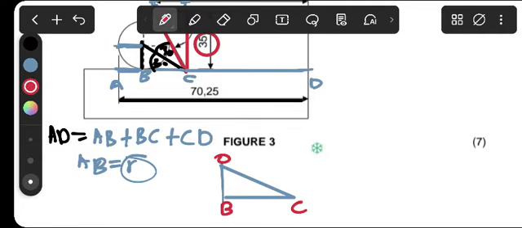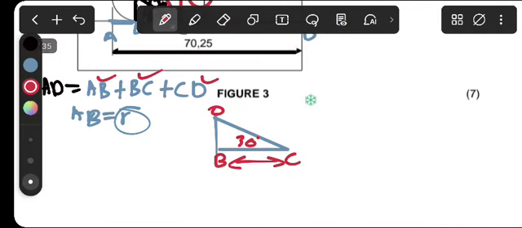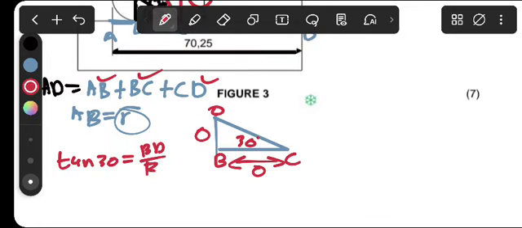Here we'll have 30 degrees. So we need AB and BC. Okay, let us now find BC. So what will be BC? This will be opposite over adjacent: tan 30 must be equal to BD over BC.